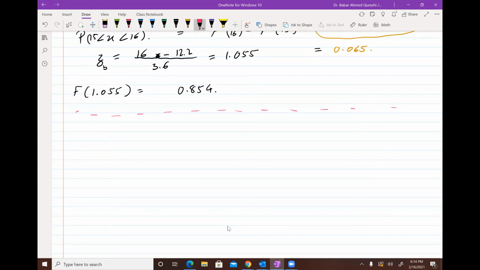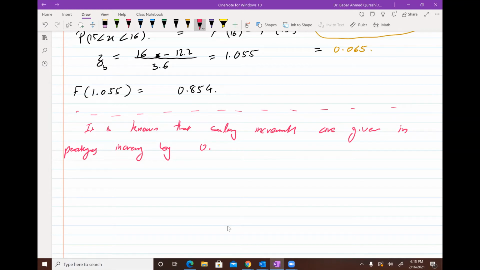Suppose it is known that salary increments are given in percentages increasing by 0.2.